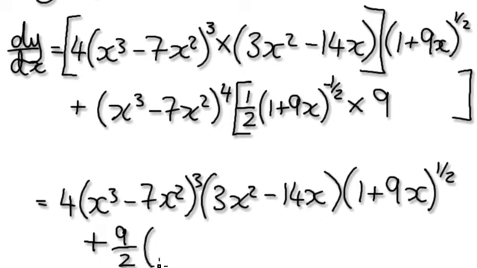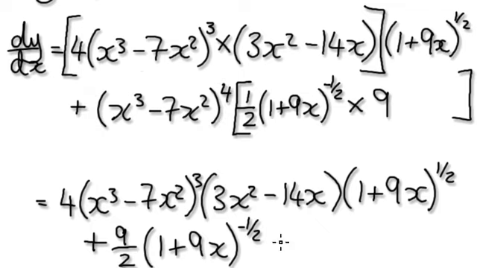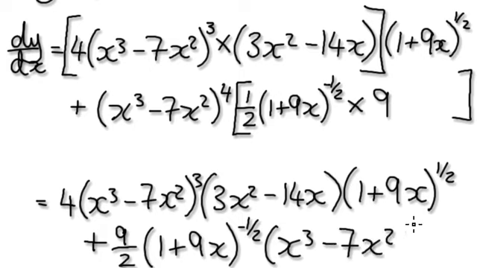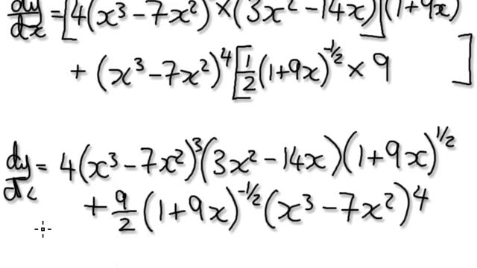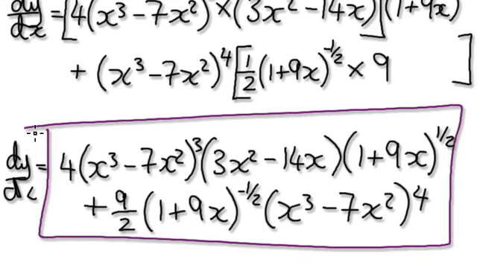Now 9 over 2 bracket 1 plus 9x to the power of minus a half, and then we're going to multiply it with this part here. So that will be bracket x to the power of 3 minus 7x squared, to the power of 4. Yeah, so dy by dx equals this here. You could tidy up even further, but let's just leave it as it is here. Okay.